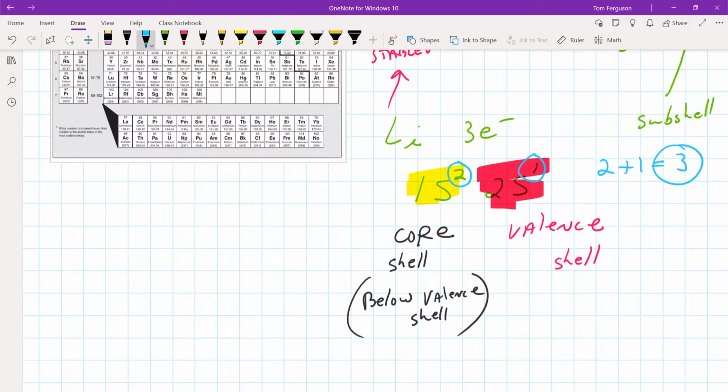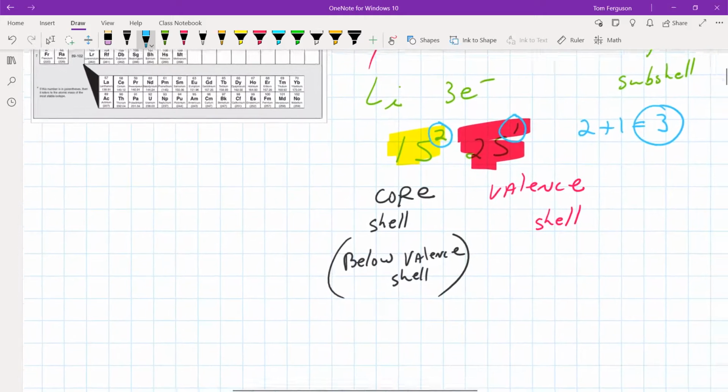So they never do anything because they're already stable. Valence electrons, however, are not stable unless there's a particular configuration where they are stable, but in general, they are not stable. And that's where all the chemistry of that element comes into play, in the valence electrons that are located in the valence shell.